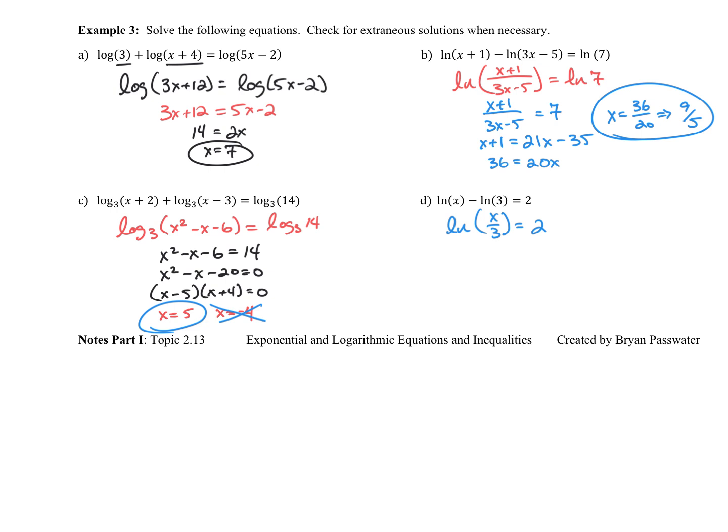I need to put it in exponential form. And so now we're going to put it in exponential form. So what's my base? E. So now I have e to the power of 2, which is equal to x over 3. And so then how do I solve for x? I multiply by 3. And so now I have x is equal to 3e squared.